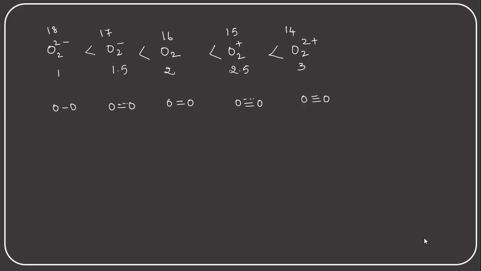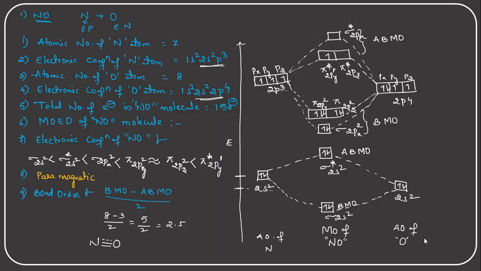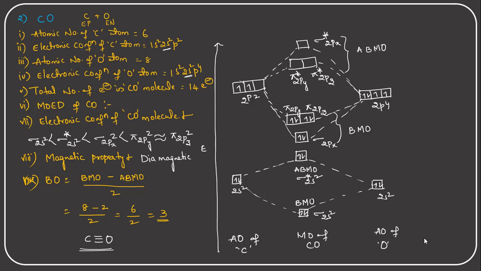The next one is heteronuclear diatomic molecules, and in the heteronuclear diatomic molecules, we have already discussed nitrogen monoxide and carbon monoxide, right?